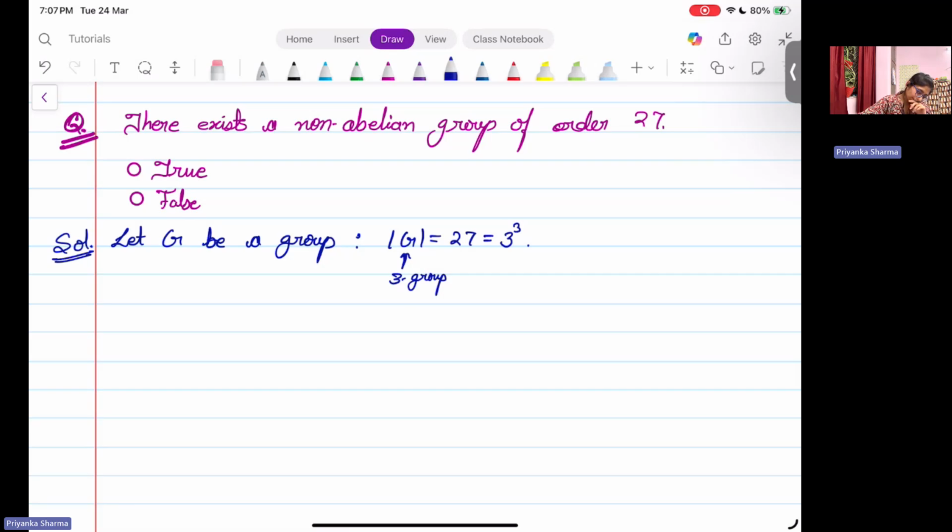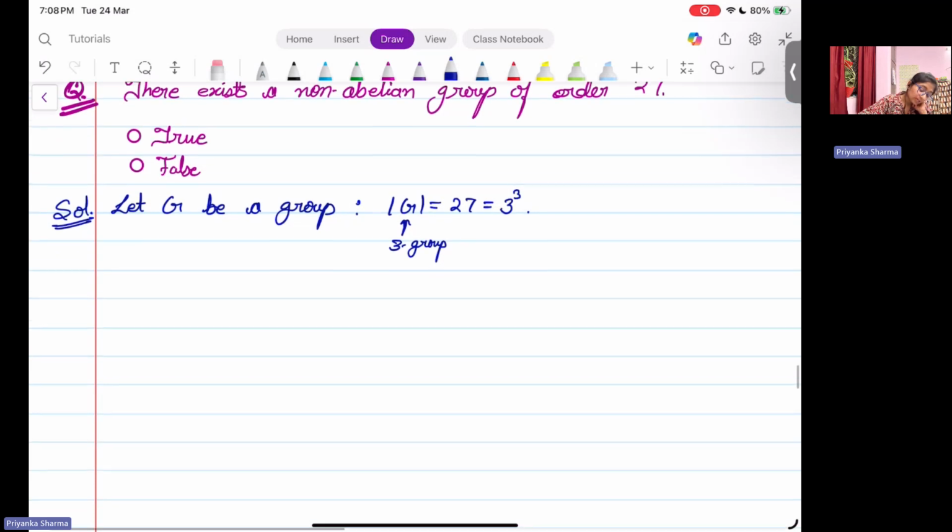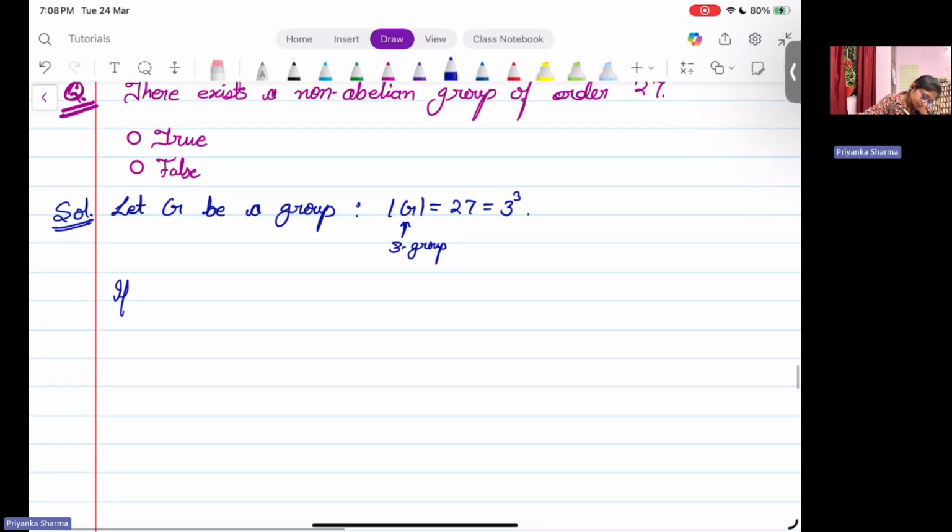Now, we need to check the existence of a non-abelian group. So what if we have an abelian group? Obviously we will have an abelian group of any given order, for any given natural number as the power. So what if G is abelian?